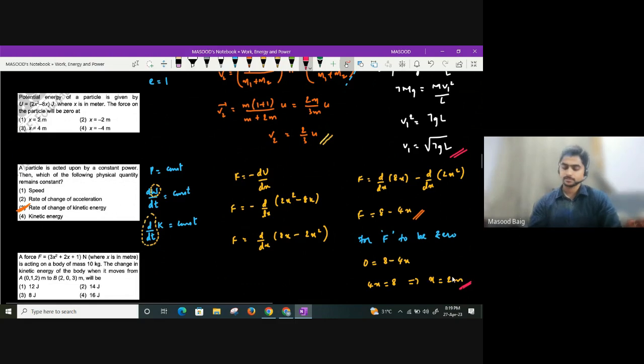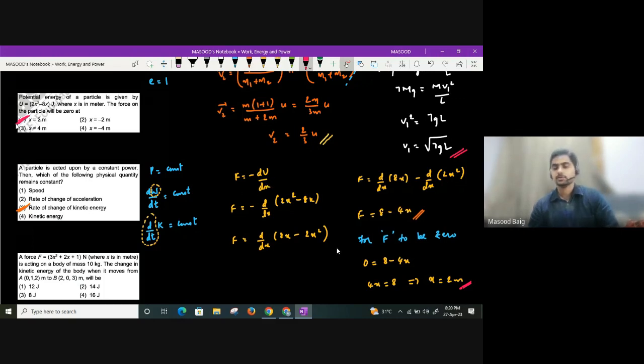Clear, everyone? Understood, all of you? Whenever an expression for potential energy is given, it means potential energy is being defined, and potential energy can only be defined in conservative fields. So conservative forces are going to be there. Is there any relation between conservative force and potential energy?